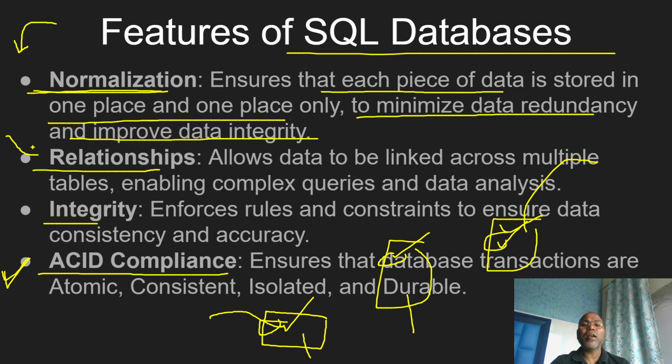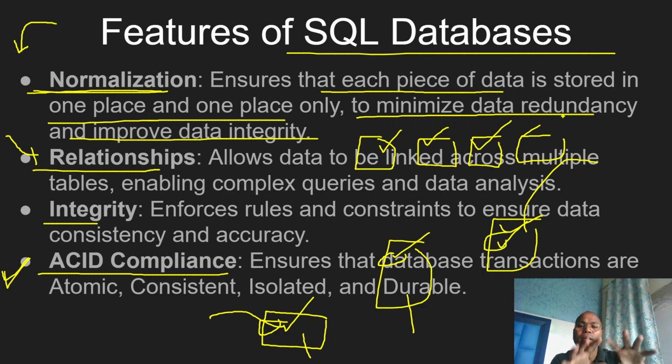And one more thing, the relationship. Once you decide on multiple tables, like employee table, customer table, department table, according to your related data, you create related tables, and now these tables make a relationship. It may be a one-to-one relationship, a one-to-many relationship, a many-to-one relationship, or a many-to-many relationship.